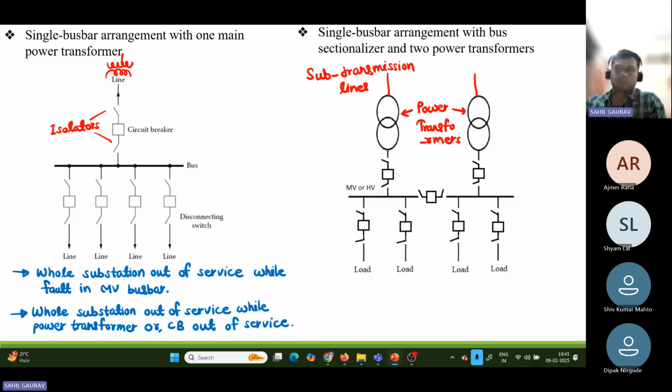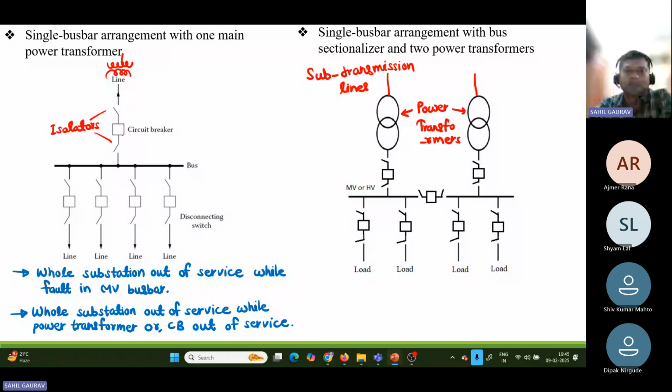Also, the advantage is that this increases operational flexibility, and a fault in the bus bar would be limited to one section only. If there is a fault in this bus bar, then we can take power from the other power transformer. So this is the advantage of the single bus arrangement with bus sectionalizer and two power transformers.